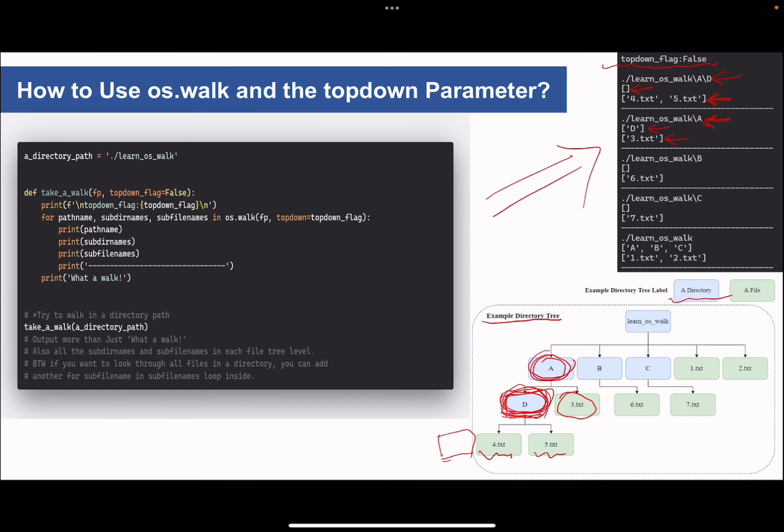After we look through A, we will look through B, we will look through C, and finally we will look at the root directory of learn os.walk. So simply put, it will walk from the bottom to the top if we set the top-down parameter to be false. Now I hope you understand how to use os.walk and the top-down parameter. That's the first part of this video.